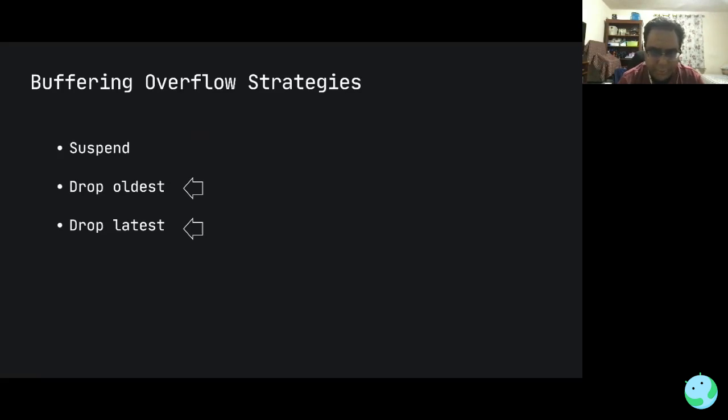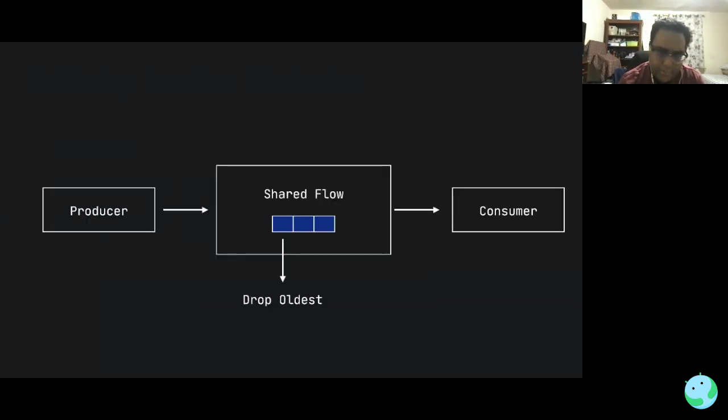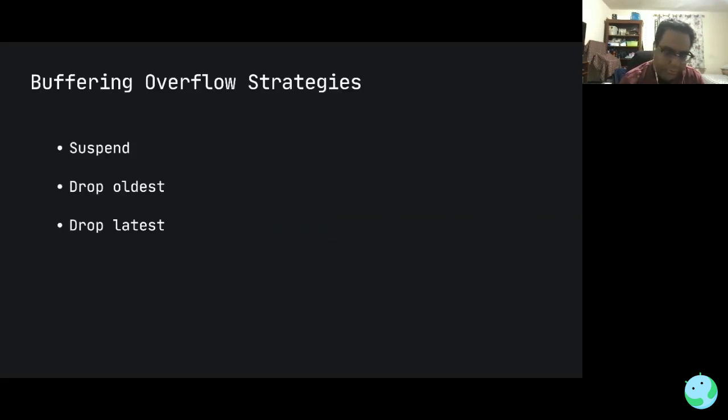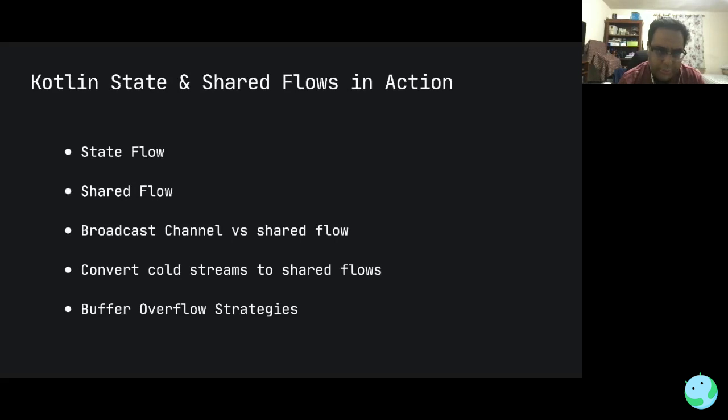There are two unit tests in the coroutines library that give you a good example of them working, which are drop oldest and drop latest. Drop oldest will drop the oldest value in the buffer, whatever the oldest value you had sent to it, and drop latest will drop the most recent value that was sent. Which one you use depends on your use case.